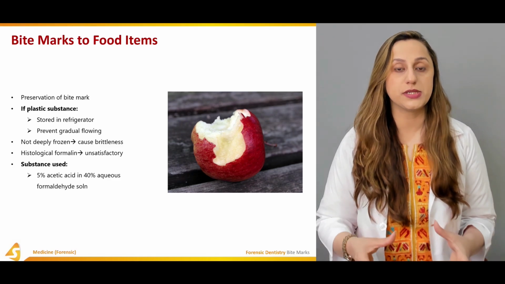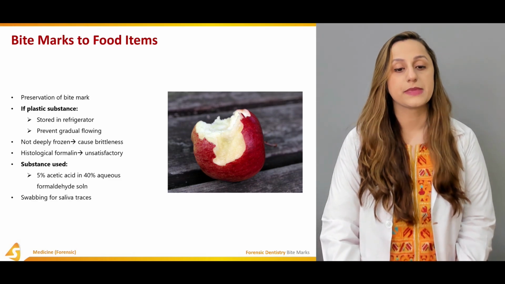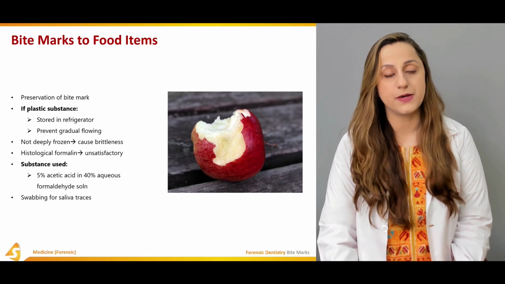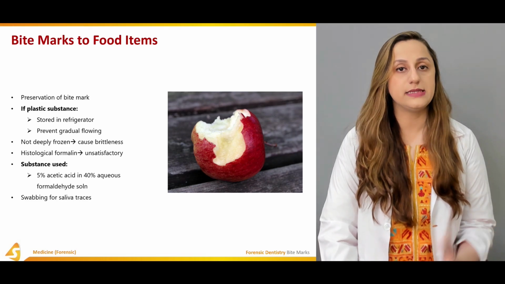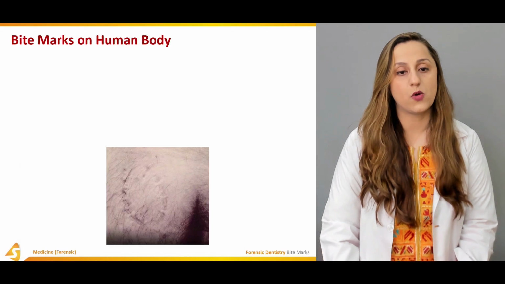This solution is going to fix the bite marks taken on the food items. The swabbing is taken for the saliva traces, and these swabs are then sent for DNA analysis, also for comparison purposes.